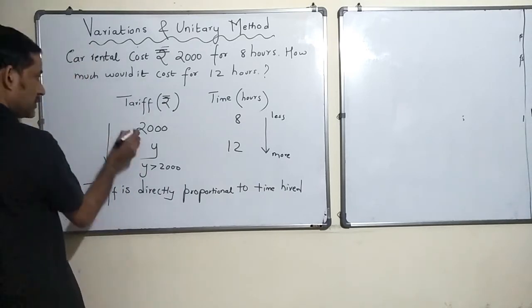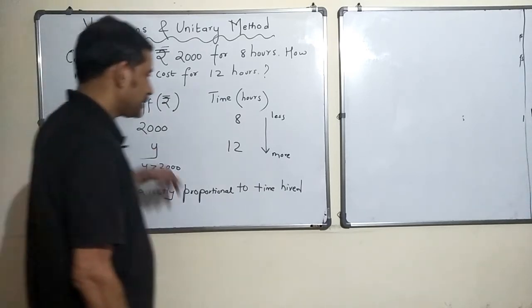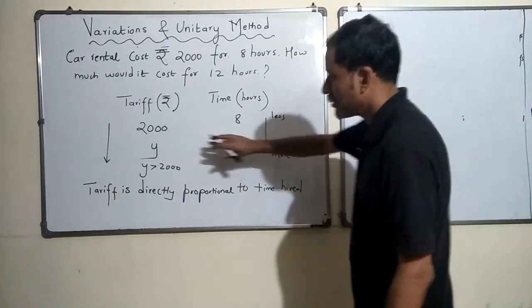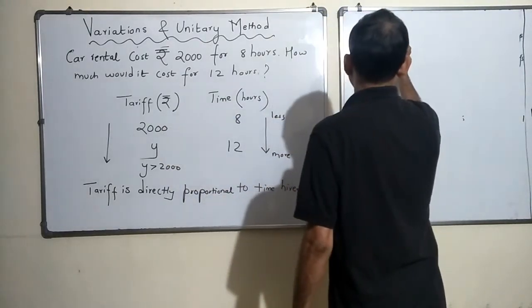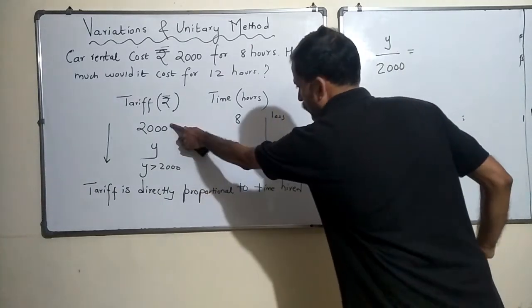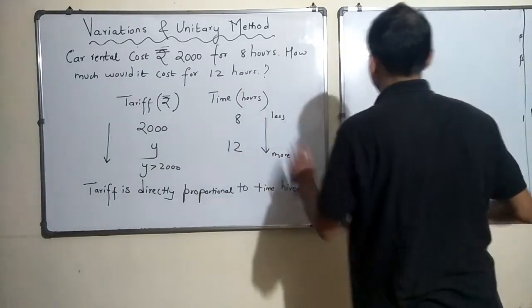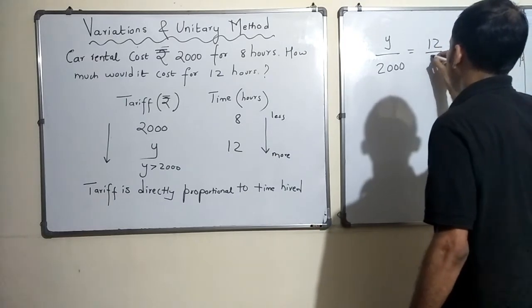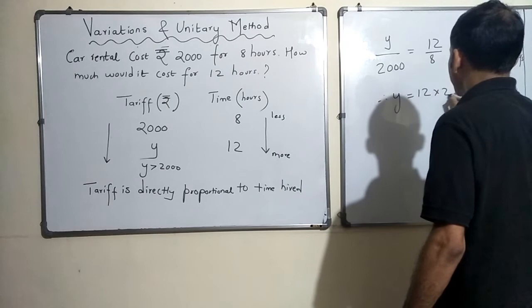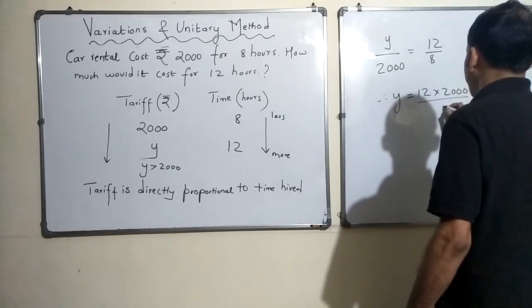All right, so this is the one. Now if that is the case, let's solve. Somehow I want y in the numerator, so I'll go like this: y by 2000 is equal to 12 by 8. So y is equal to 12 into 2000 by 8.